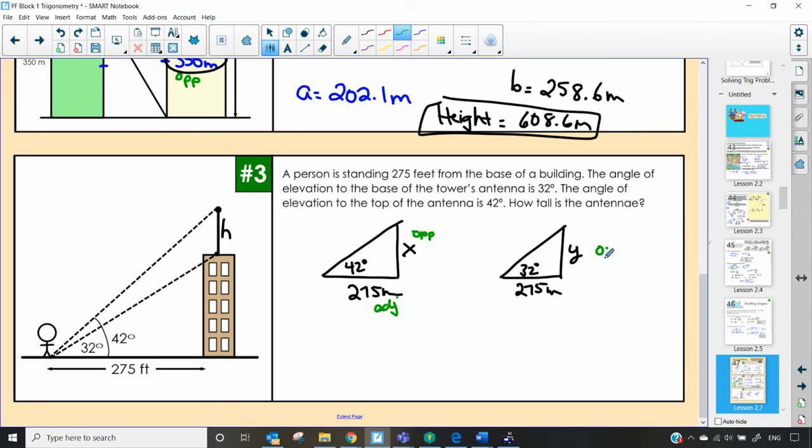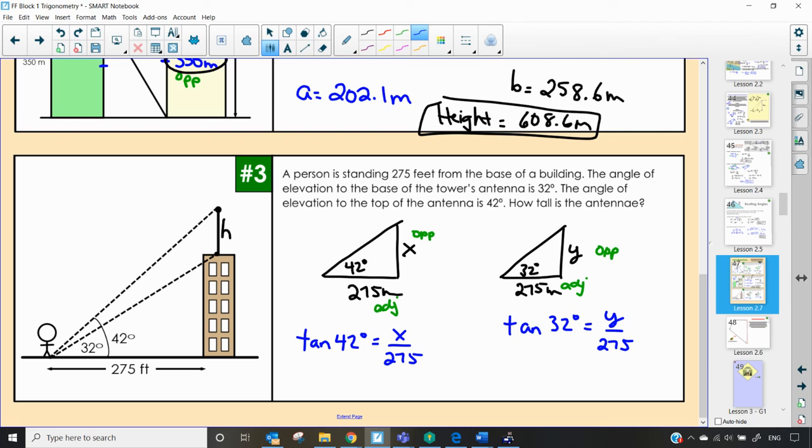And labeling our other triangle, we also have opposite and adjacent. So setting up our ratios here, we have tan of 42 degrees equals x over 275. And this one will be tan of 32 degrees is opposite over 275.